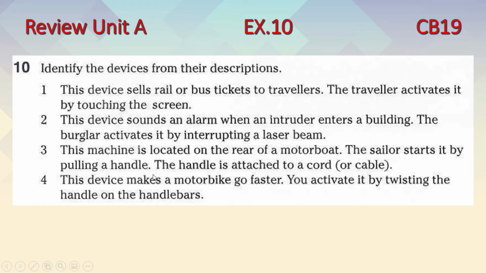The handle is attached to a cord or a cable. Number four, this device makes a motorbike go faster. You activate it by twisting the handle on the handlebars. Now, pause the video and give it a try.